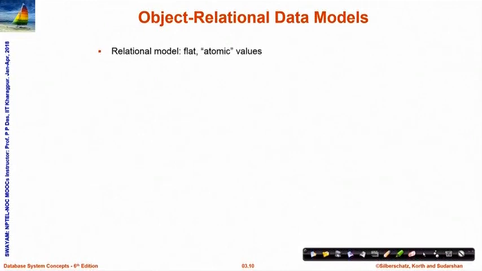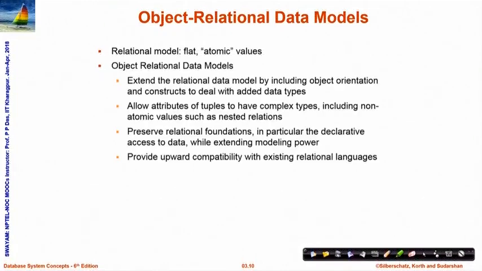But I cannot have composite object kind of fields. In the object relational data model, we extend the relational model by including object orientation and the constituent constructs to deal with added data types, higher data types, where attributes are allowed to have complex, non-atomic values.